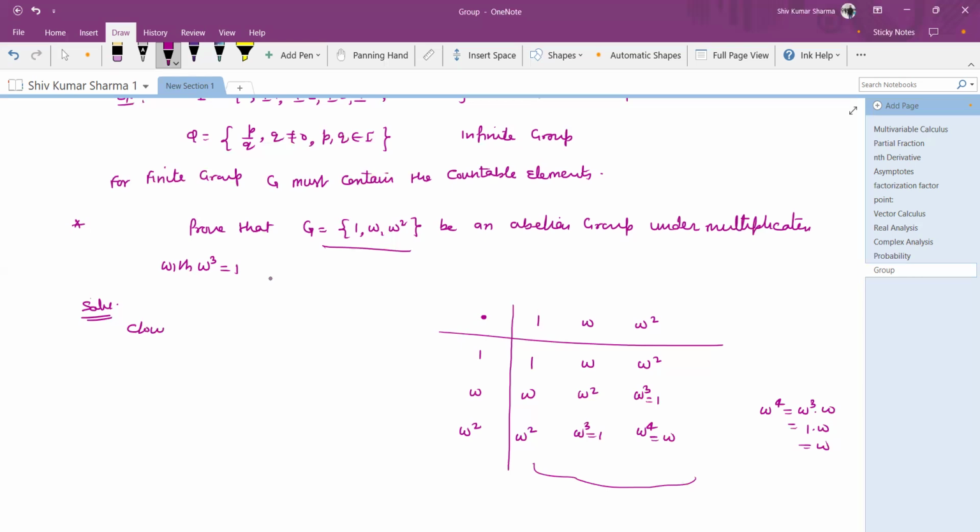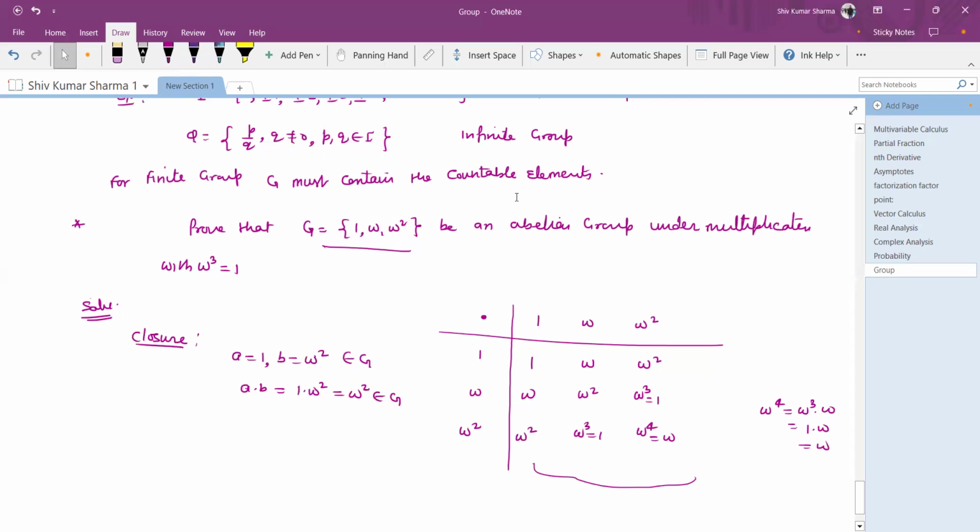Otherwise, you can write down the closure property like this. For closure property, we take any two elements. Suppose we consider A equal to 1 and B equal to omega square. Then A into B equal to 1 into omega square gives us omega square, and omega square is an element of G. So you can take any two elements.